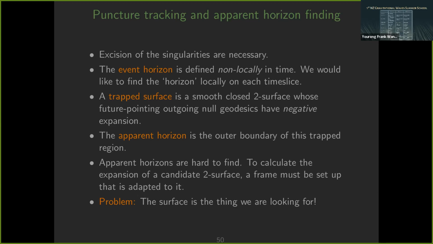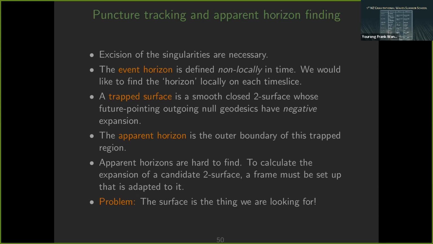But this is actually something that is defined non-locally in time. So it's something like if you have an interior region of the black hole defined by, for each point in that region, a future pointing null geodesic doesn't reach null infinity, something like that. And so in order to do that, you really need information that is not just in a spatial slice, but in time as well to look at these null geodesics.